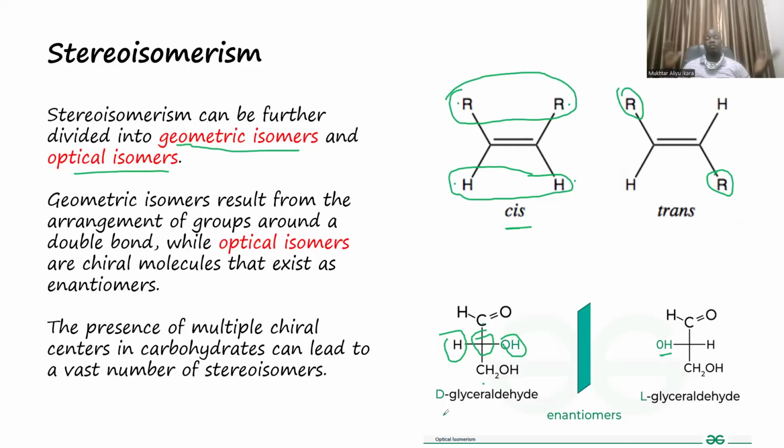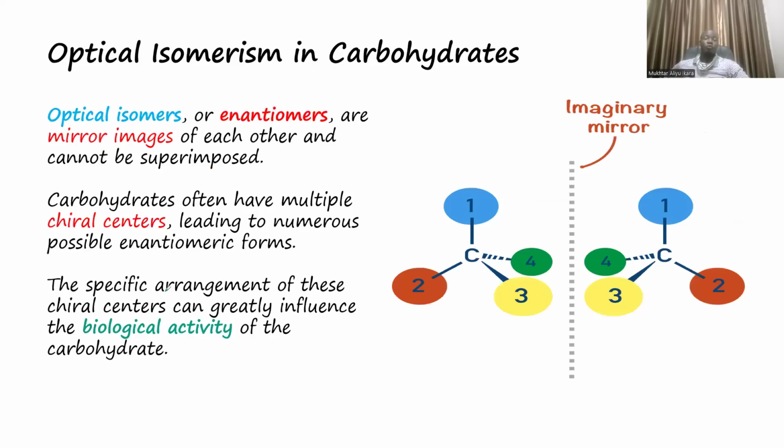So we have D optical isomers and L optical isomers. The presence of multiple chiral centers in carbohydrates can lead to a vast number of stereoisomers. It is possible for a carbohydrate to have multiple chiral carbons, so let's look more closely at the concept of optical isomerism in carbohydrates.